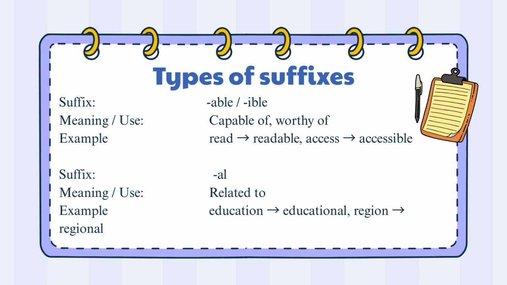The next example of the adjective suffixes is the AL. AL is used to show that something is related to another thing. Example: education becomes educational; region becomes regional.